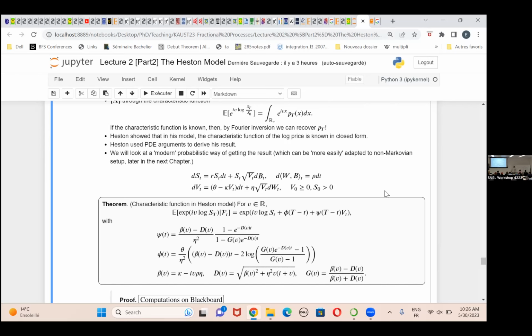So we get exponential of u log S_T, which should be equal to the second part evaluated at small t equals capital T, so I get this guy: psi(0) V_T plus chi(0) log S_T. But this should hold true for all capital T.